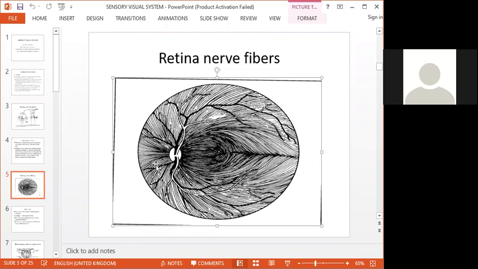Fibers from the nasal side of the disc, they also enter directly in that manner. It's important to appreciate this geography, how these fibers are moving, because when we come to talk about the visual fields, this will be an important aspect to look at.